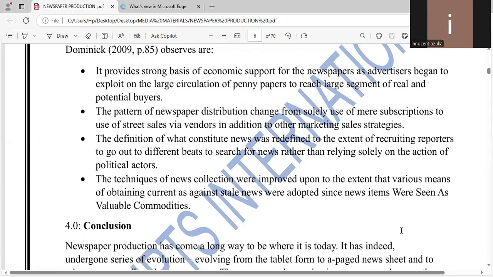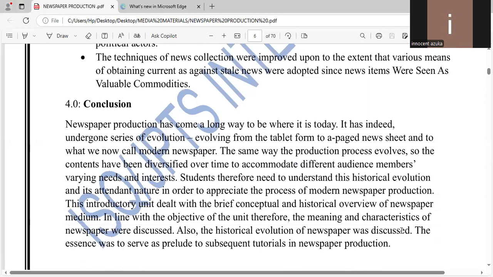Newspaper has come a long way to be where it is today. It has indeed undergone a series of evolutions, evolving from tablets to the page, news sheet, and what we now call the modern newspaper.